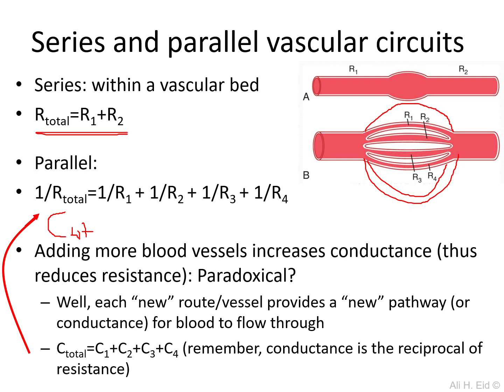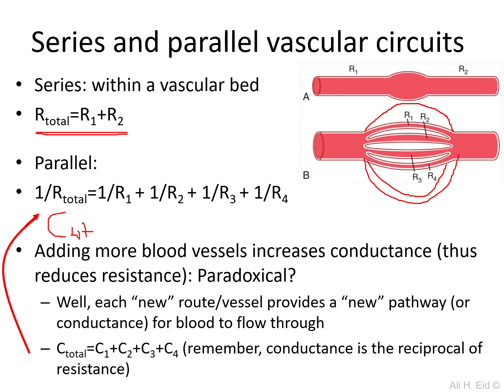So basically what's happening when you create more of these parallel vessels, you have created a new route. And thus, each of these routes is going to be a new pathway, a new conductance for blood to pass through, and thus you are reducing the impediment that you have.